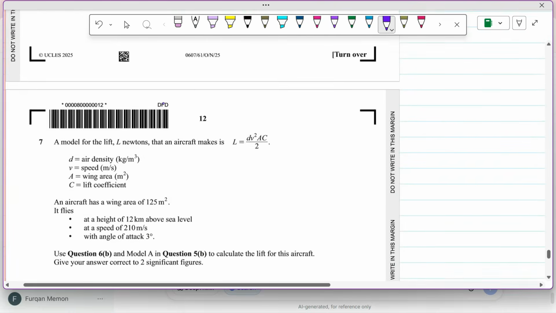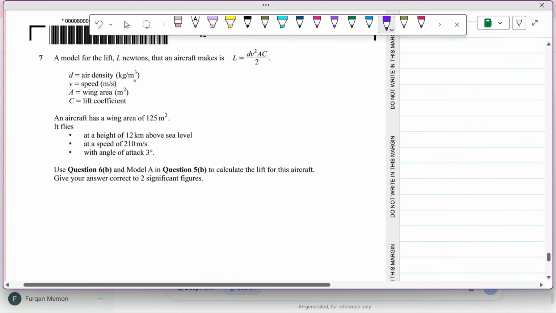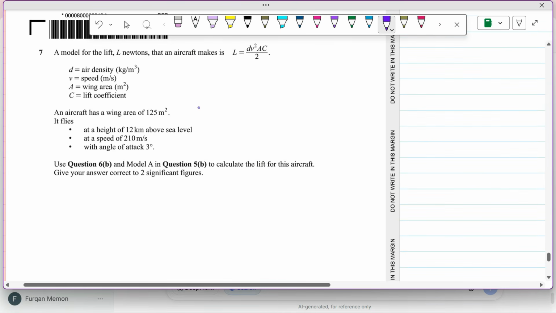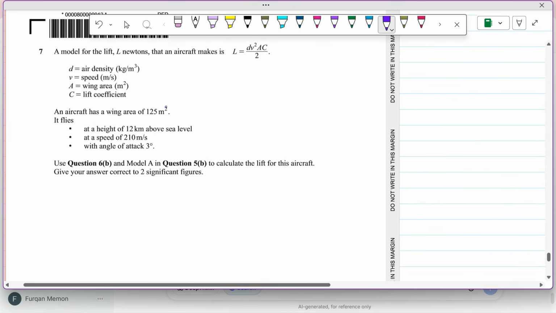Okay. Question number 7. The model for the lift L in newtons that an aircraft makes is L equals d v square A C over 2, where d is air density, v is the speed, A is the wing area, and C is the lift coefficient. An aircraft has a wing area of 125 meter square, so A equals 125 meter square.